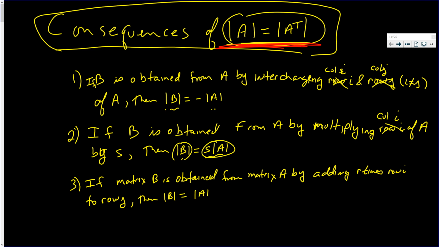But we also know that the determinant of B is equal to the determinant of B transpose, and the determinant of A is equal to the determinant of A transpose. So these two are equal. This equals this, which equals this, which equals that. So then, yeah, those two are equal.